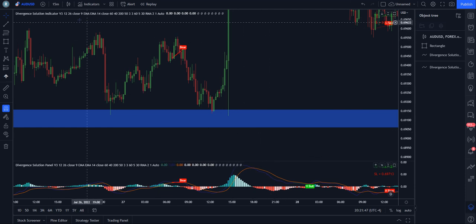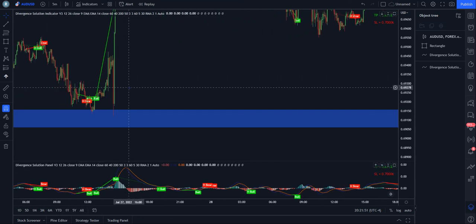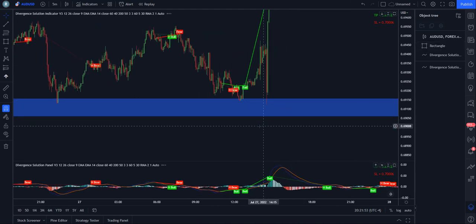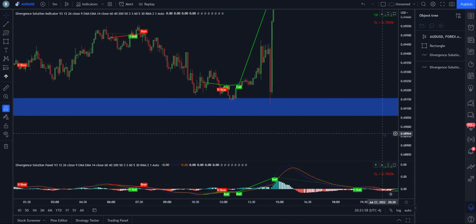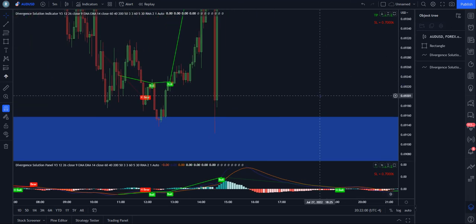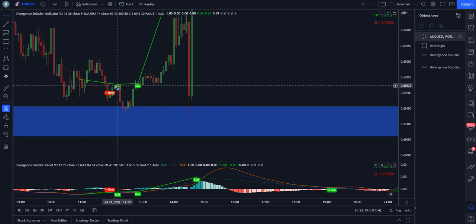But this was around the same time as the euro trade we just went over. So again, it's coming into our bullish zone. We can see bullish divergence taking place here, just like we saw on the euro, telling us this is a fake out.